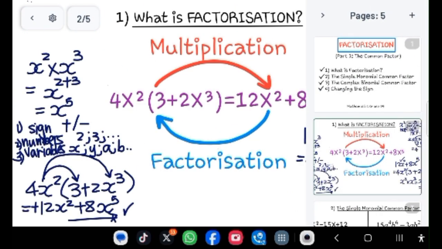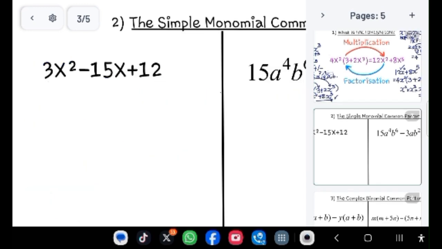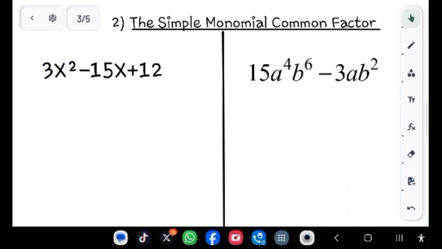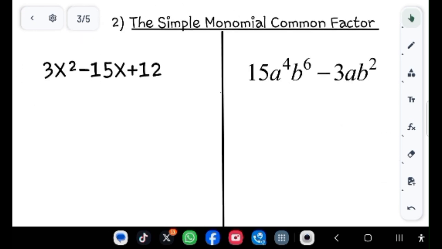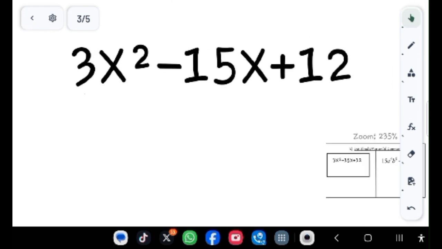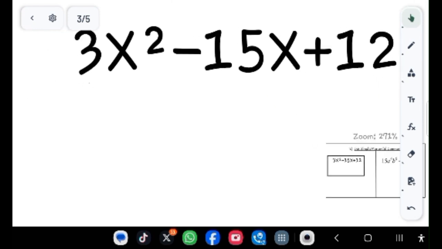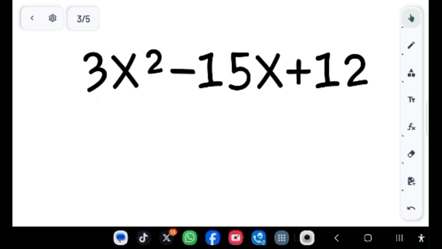Now let's move on. Let's look at the method of the simple monomial common factor. All you need to do is take out a simple monomial, being an algebraic expression with one term. So let's look at this example. Notice that you've got x squared over here, you've got x over there, but you do not have any variable over here.